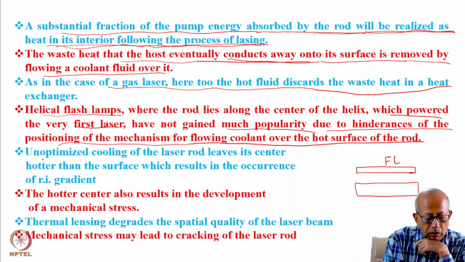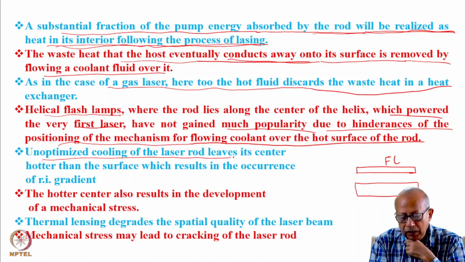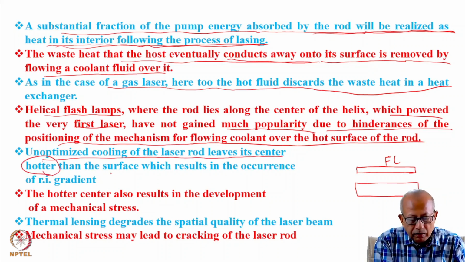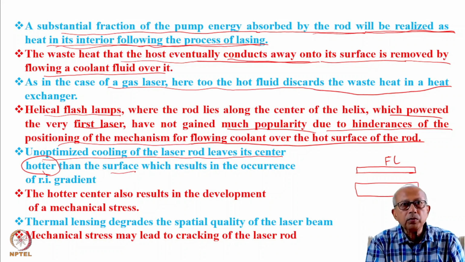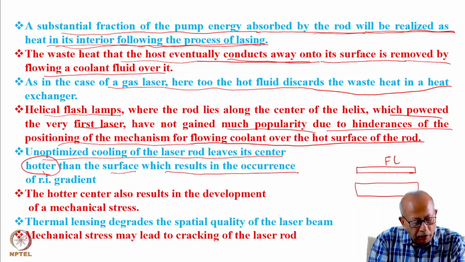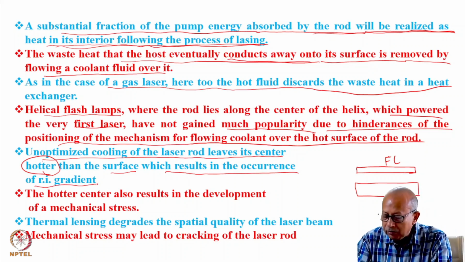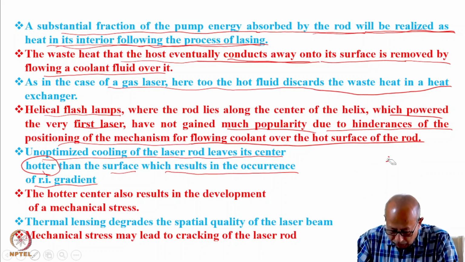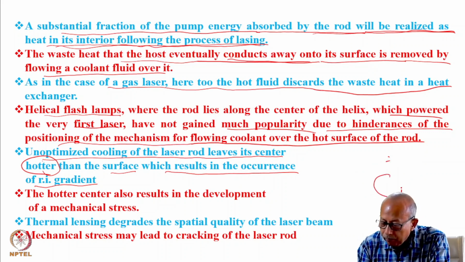Now, unoptimized cooling of the laser rod leaves its center hotter than the surface, because more heat would be generated at the center, which will result in the occurrence of a refractive index gradient. This is the cross-sectional view of the rod.